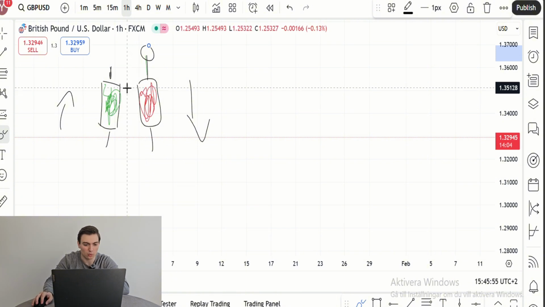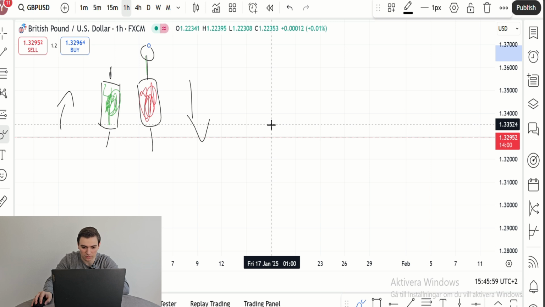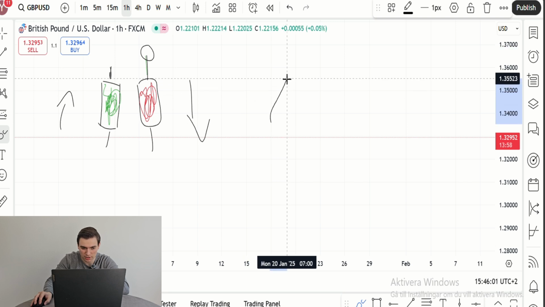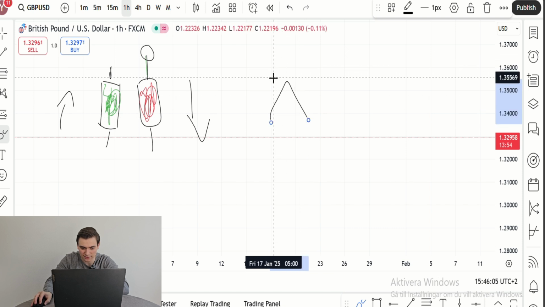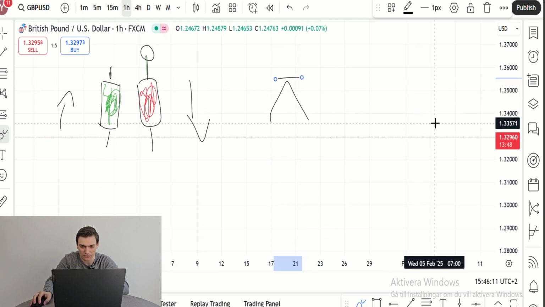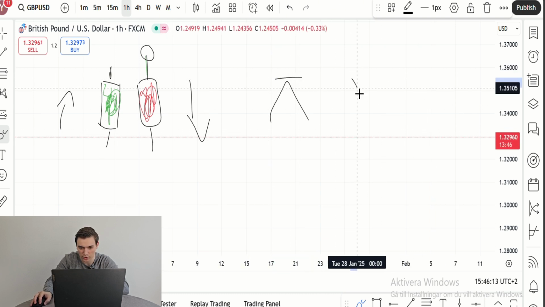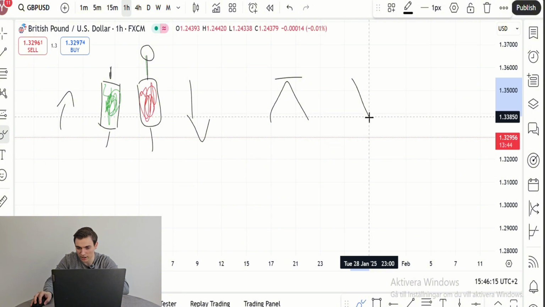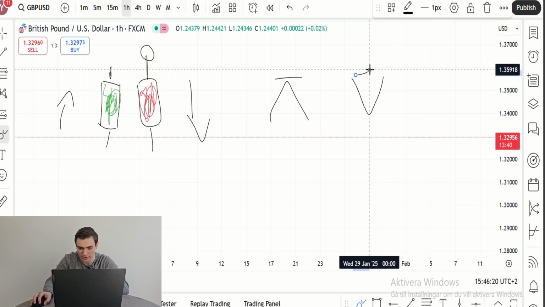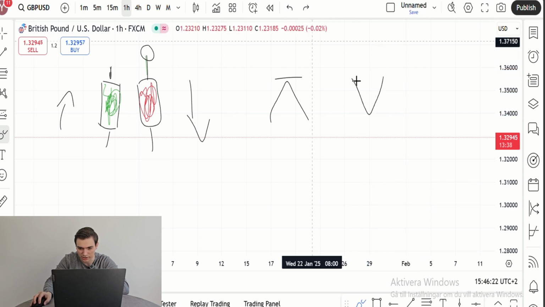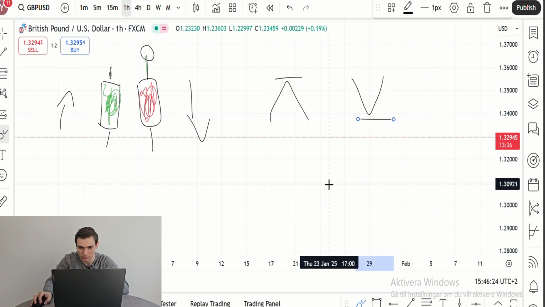Now you will ask me, why is that? Just think of it like this: 1 up candle goes up and 1 down candle goes down. You can see that it has a point, it has a high. If it's the opposite, a bearish candle, a red candle, a move down, and then a green candle, a move up, you can see it doesn't have a high, but instead it has a low.